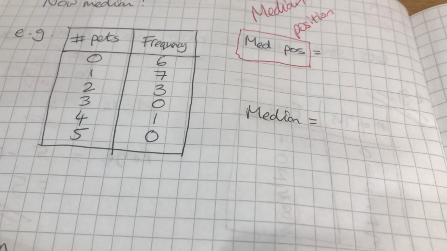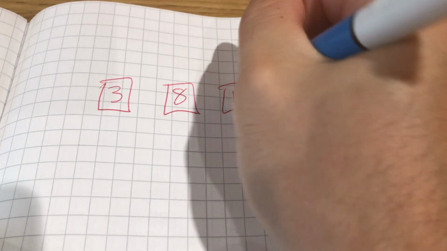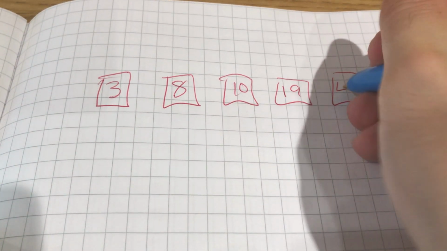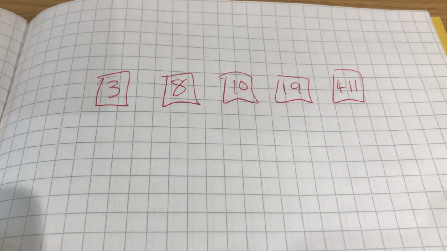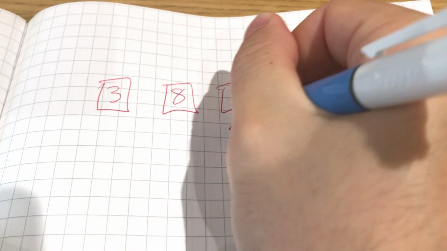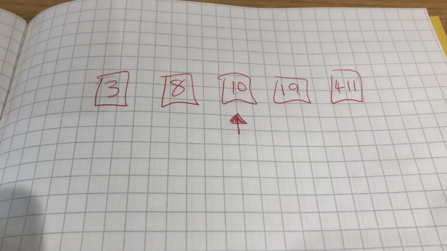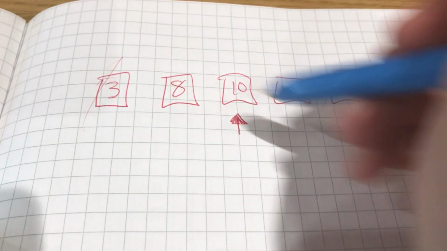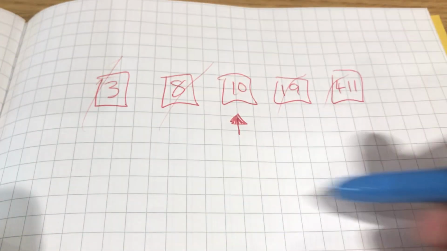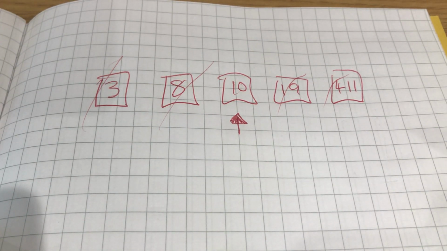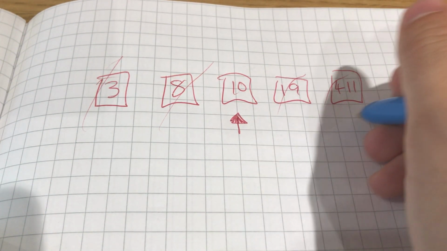If I've got 5 numbers, and they're in order, 3, 8, 10, 19, 411, whatever, the middle number is here. Are we happy with that being the middle? We did across that and that, that and that. If you had loads of numbers, we're going to have to come up with a way to work out where the middle is. Well, this is 5 numbers.